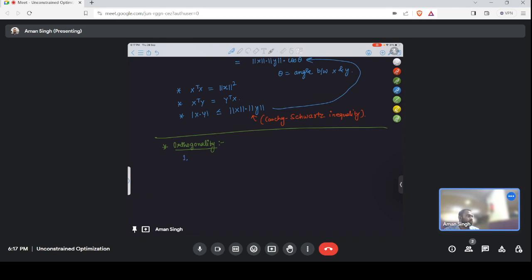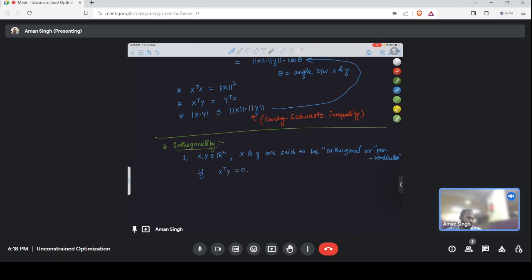Let x, y belong to Rn. Then x and y are said to be orthogonal or perpendicular if x transpose y equals 0.